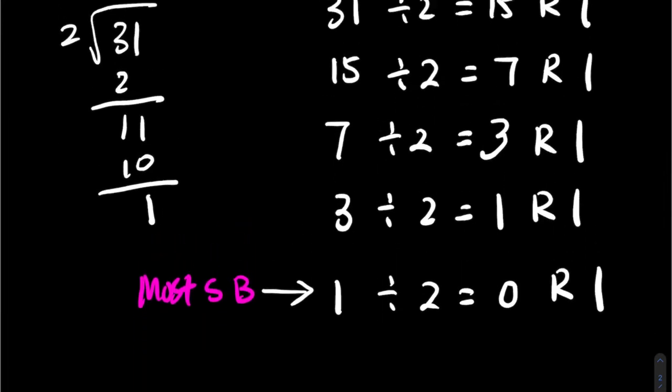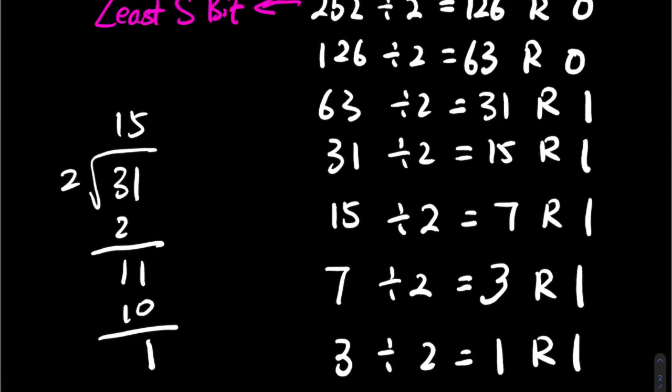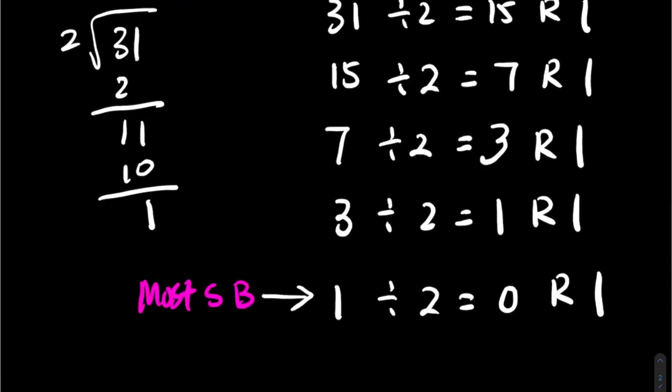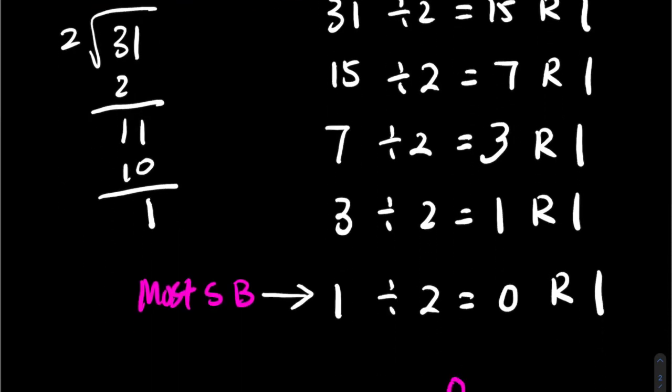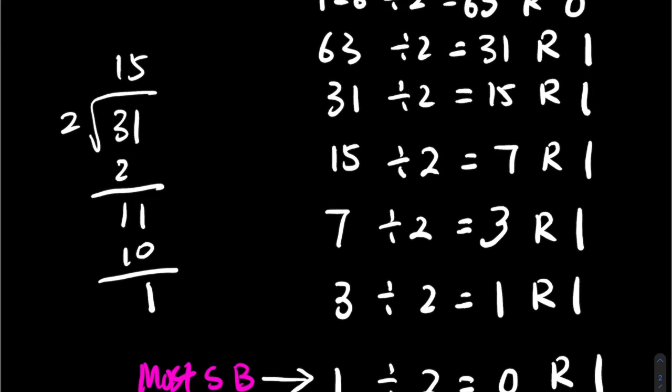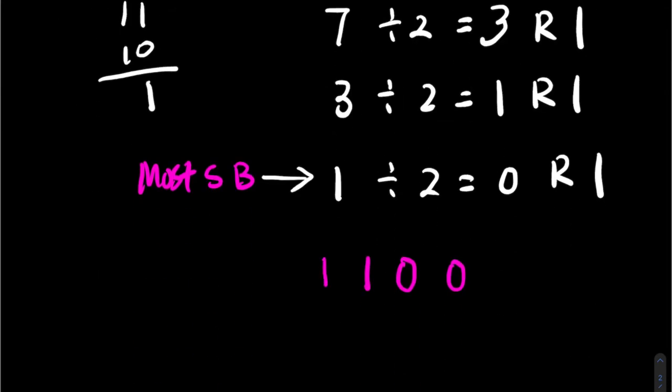So we're gonna write down the binary number from the top. Let's count how many 1s we have. 1, 2, 3, 4, 5, 6.